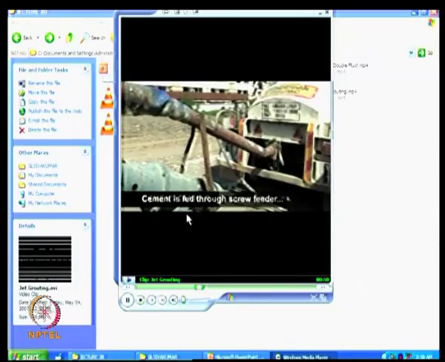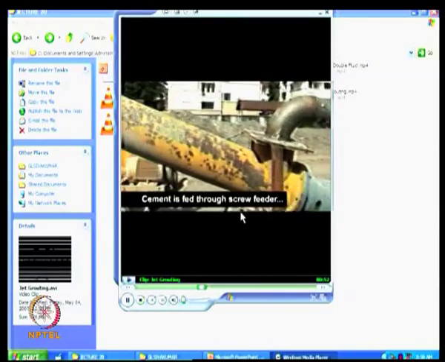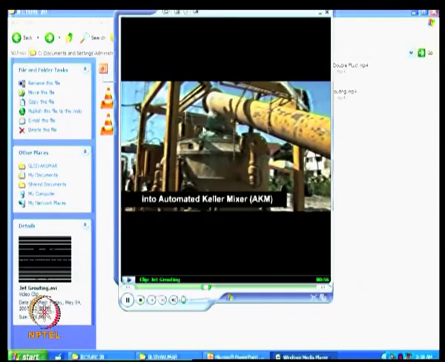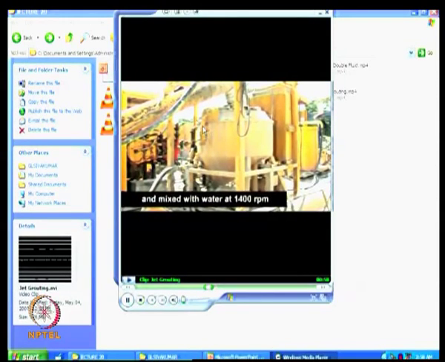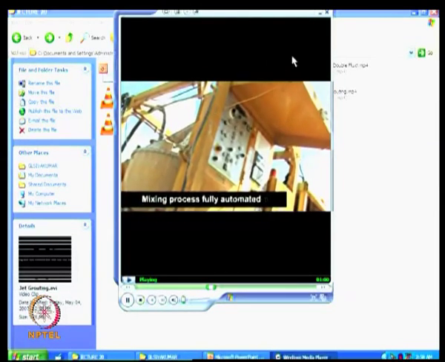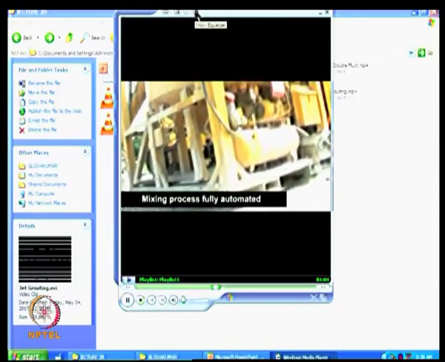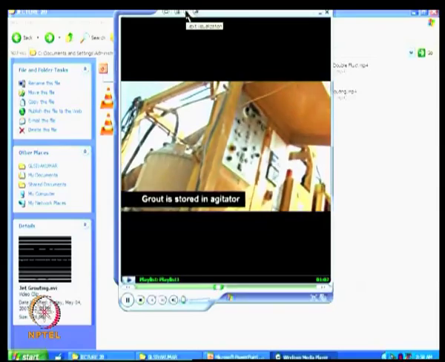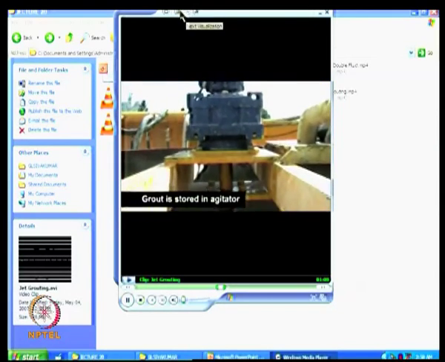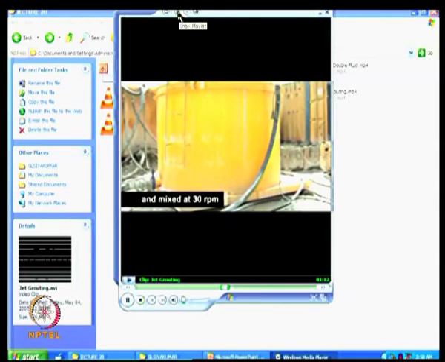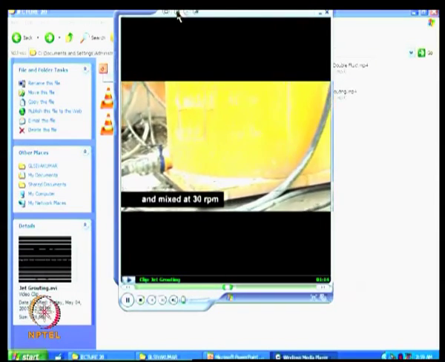You have a cement tanker, and cement is fed to the screw feeder. You can see that it is all mixed at some 330 rpm.